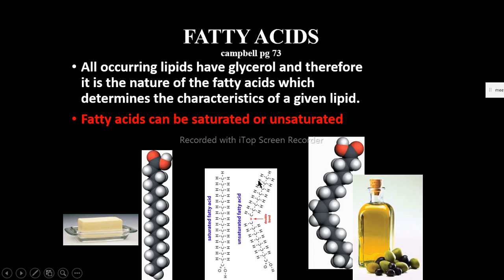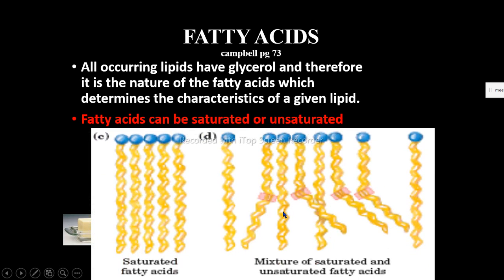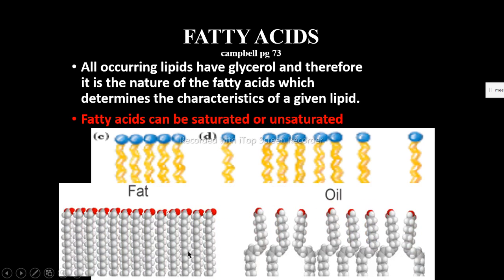And we talked about the different functions of consuming unsaturated fatty acids, the mono and the poly, and then the disadvantages of consuming the saturated acids, where we saw that the unsaturated ones form kinks, but the saturated ones don't form kinks, so they can easily clog.